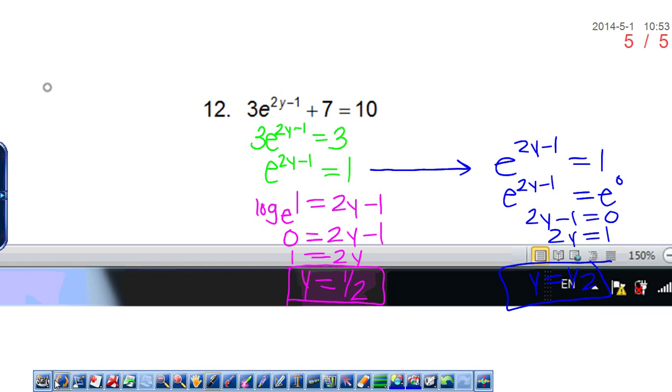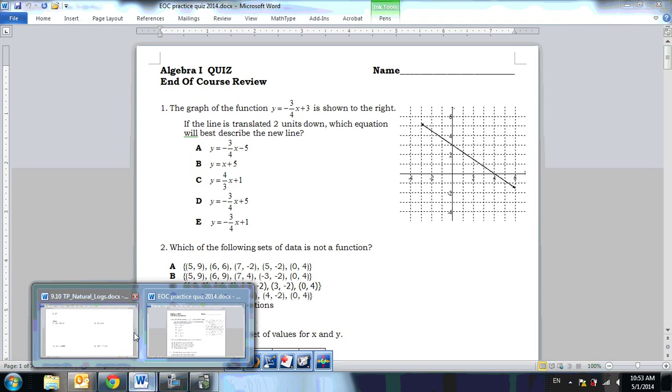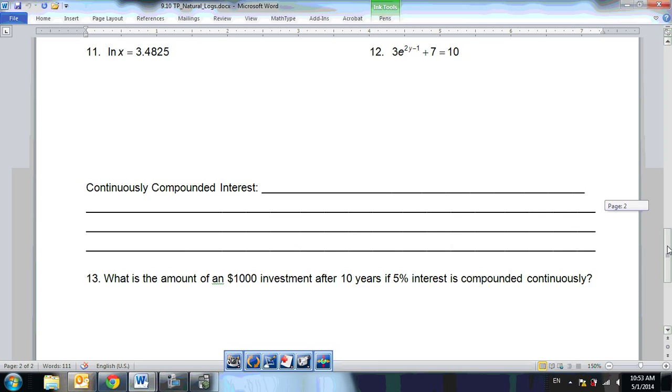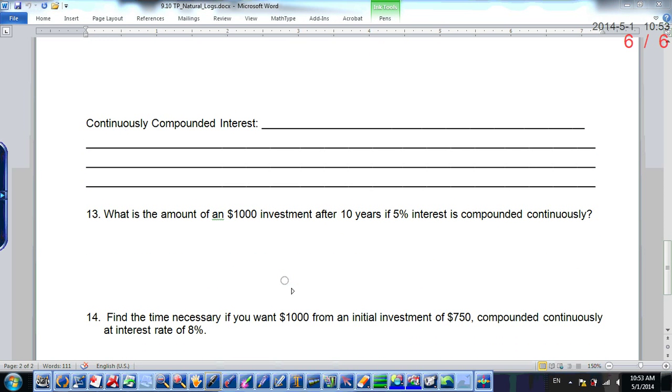Okay, one place where the natural number comes up a lot is when your interest is continuously compounded. Meaning instead of getting interest on your bank account every month or every week, you're getting it all the time.